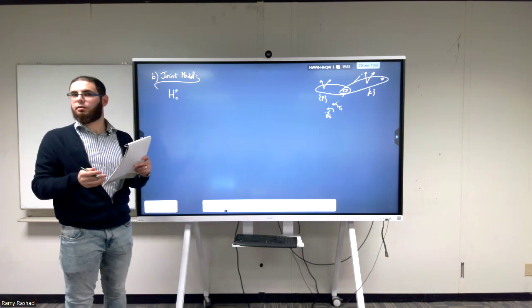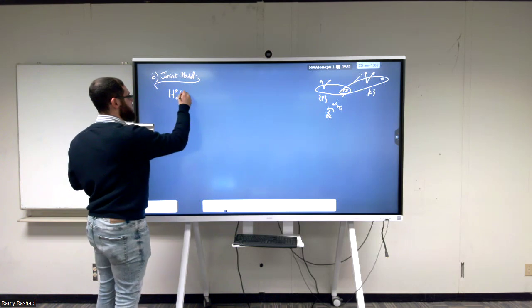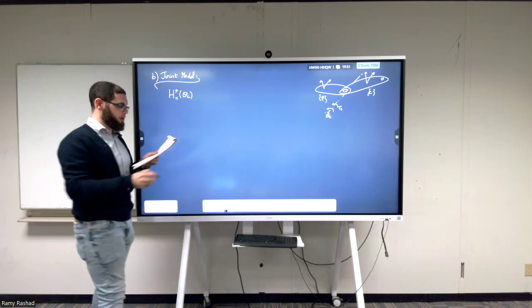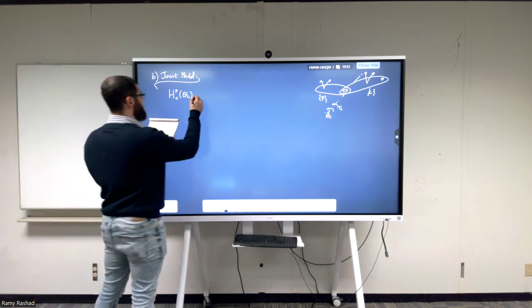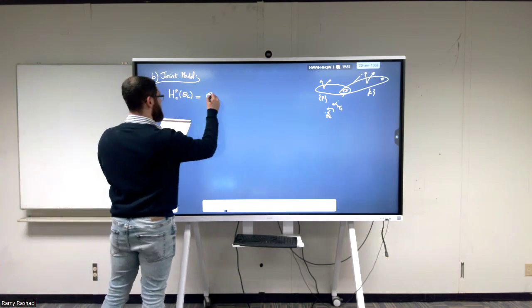Is a function of theta, right? You all agree? Does anyone know a very quick expression to do it? The exponential map, exactly.